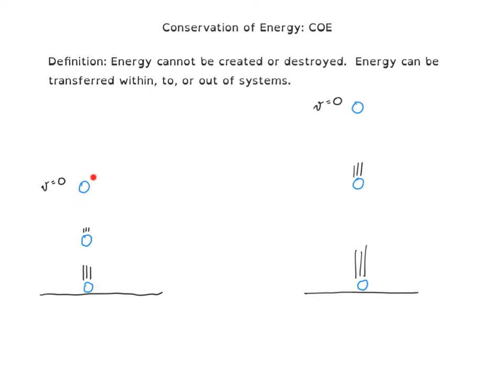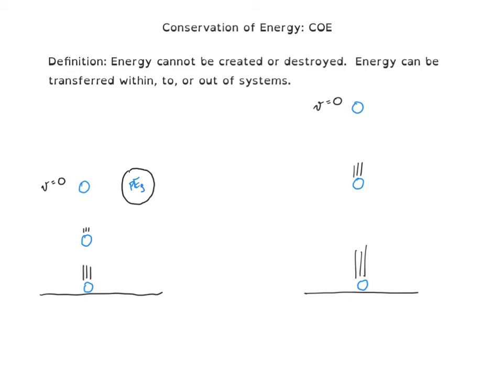Before it is dropped, you should understand that because this ball is at some height above the ground, it has all gravitational potential energy. So I'm going to use one of those pie charts that you should have seen in your lesson starter here. And I'm going to say that this pie chart is completely filled with gravitational potential energy.